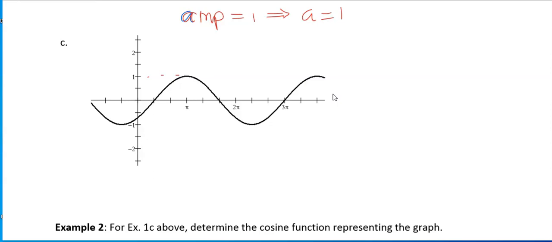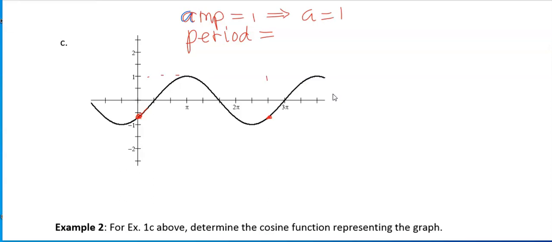Okay, period. Now, here's where you might have to be careful. I said I usually like to start with the y-axis, right? The y-intercept. Well, there's my y-intercept. But now if I go through one complete cycle, now it ends up right there. That's what it looks like to my old eye.